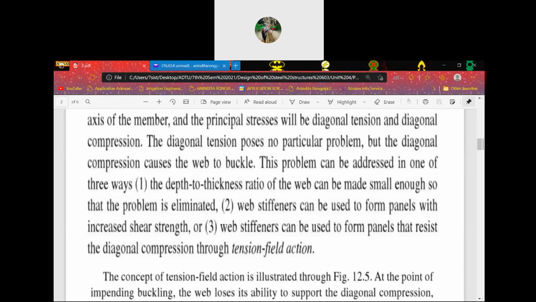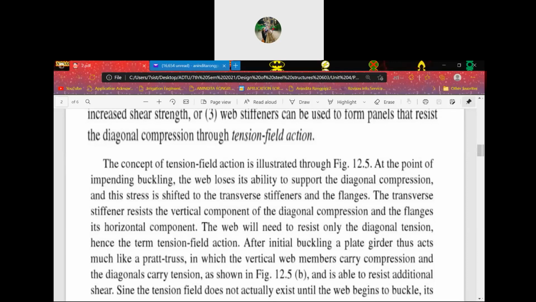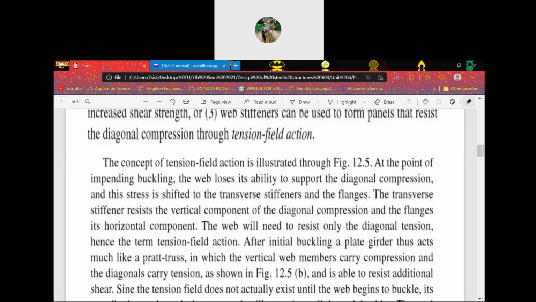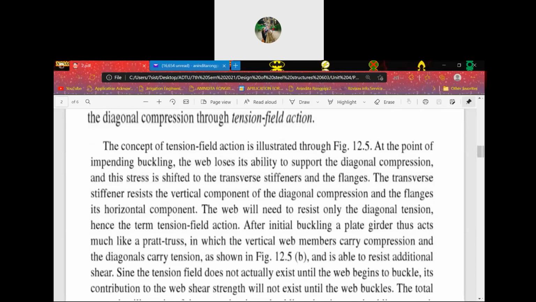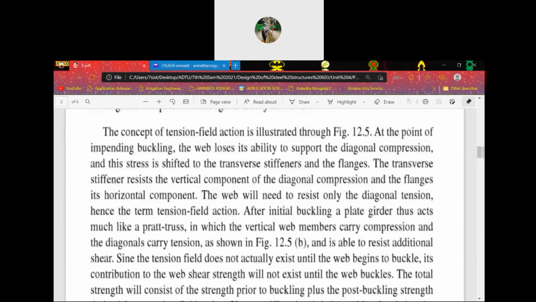tension field action. The concept of tension field action is illustrated in figure 12.5. At the point of impending buckling, the web loses its ability to support the diagonal compression, and this stress is shifted to the transverse stiffeners and the flanges. The transverse stiffener resists the entire vertical component of the diagonal compression, and the flanges its horizontal component.